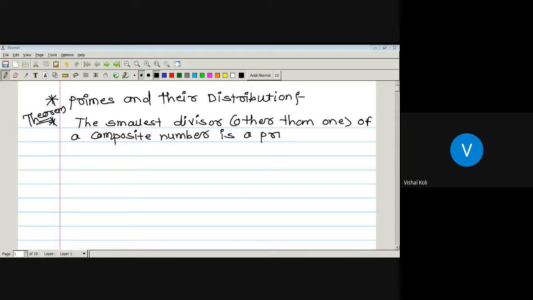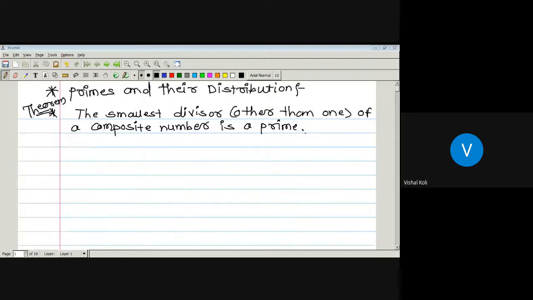So if there is a composite number, then its smallest divisor other than 1 must be a prime number only. That is what we have to prove, and this is true for any composite number. Let us see its proof.